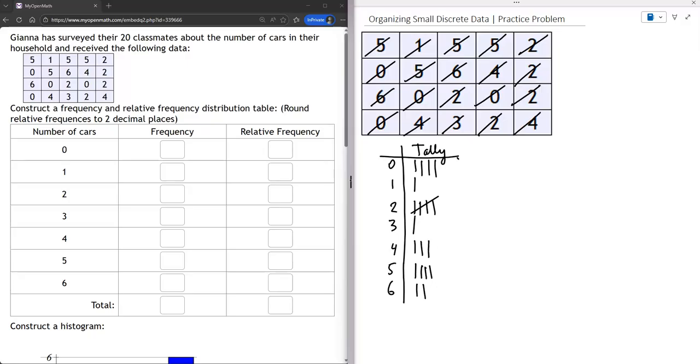There you go. Now we add all the tallies in each row to obtain what we call frequency.